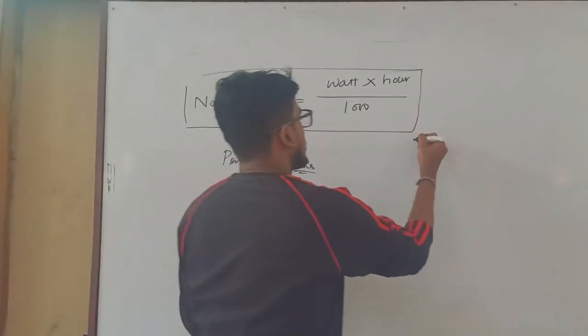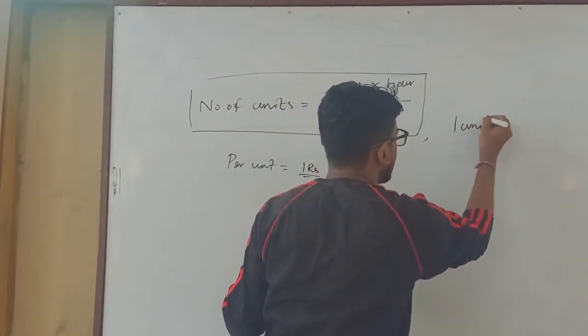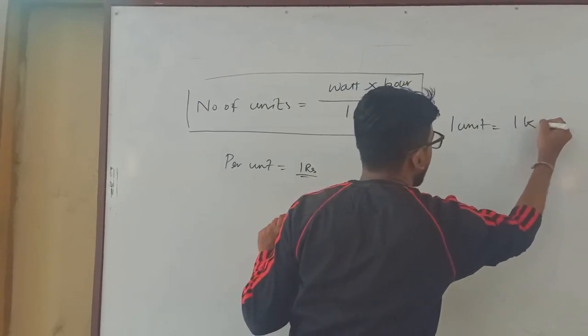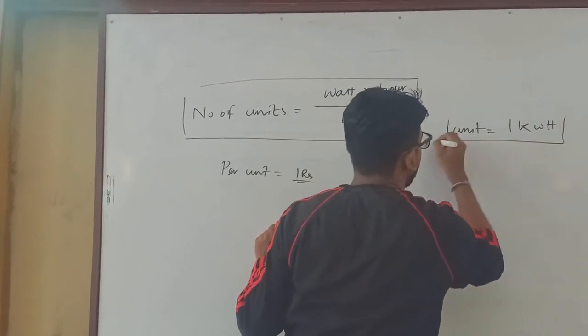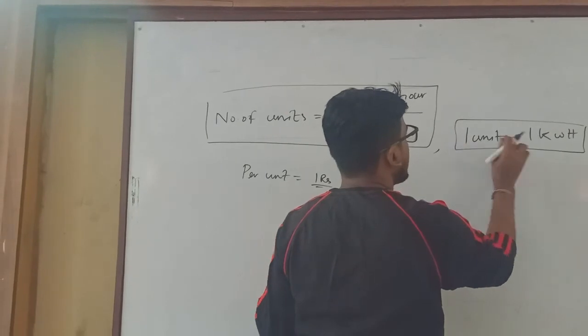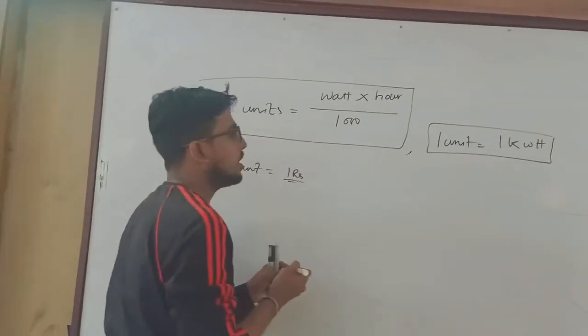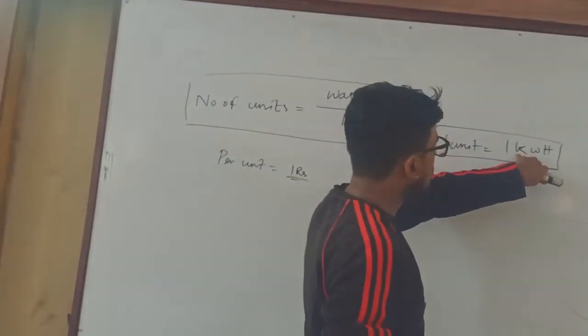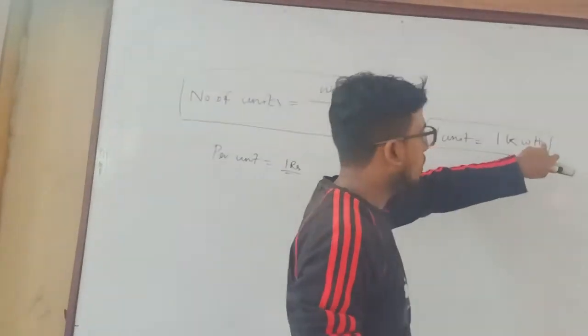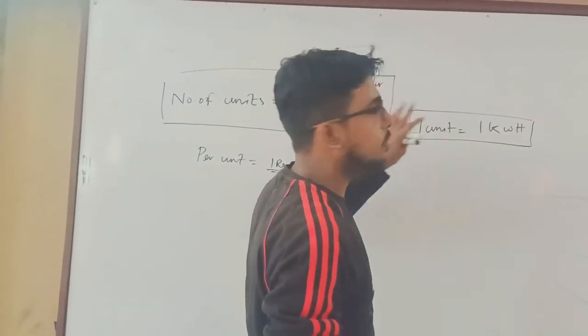Here we can also mention that 1 unit is 1 kilowatt hour. What is the value of 1 unit? That is 1 kilowatt hour. If we consume 1 kilowatt power for 1 hour, that is equivalent to 1 unit. Okay.